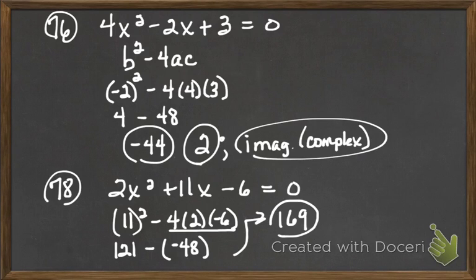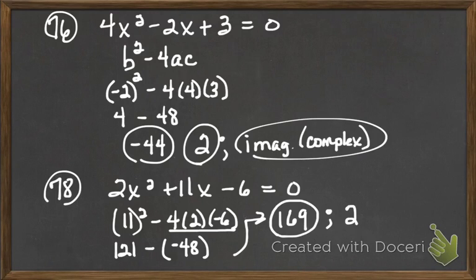So 169 is your discriminant. If 169 is your discriminant, how many solutions will you have? 2. And then you've got to decide, is 169 a perfect square or not? It is a perfect square. What's the square root of 169? 13.